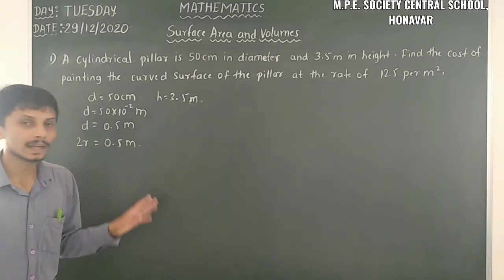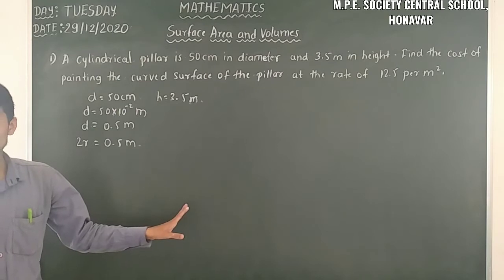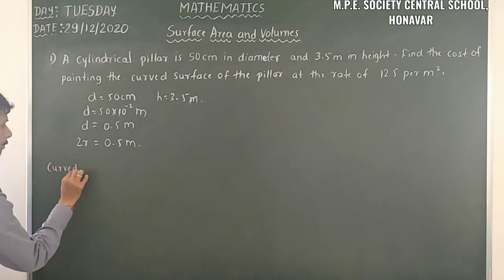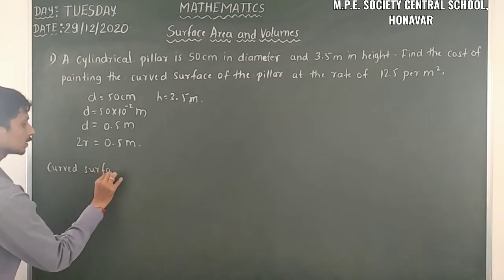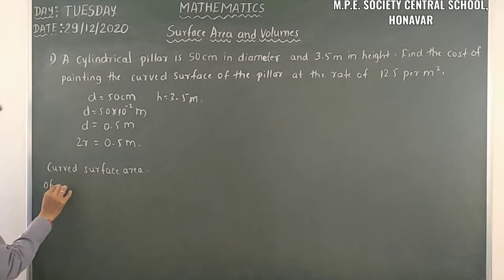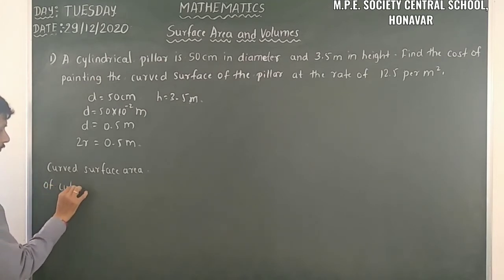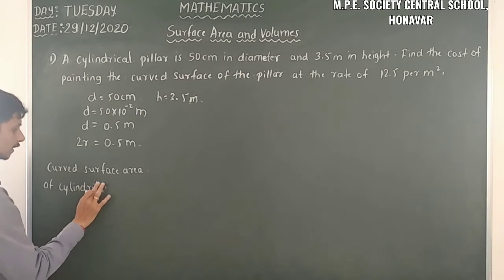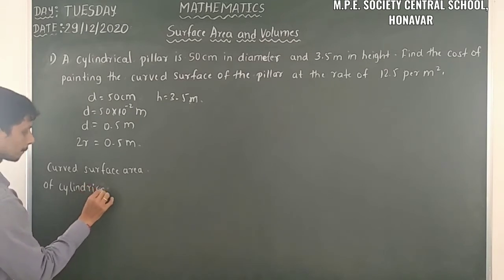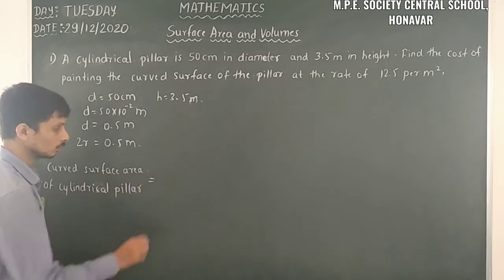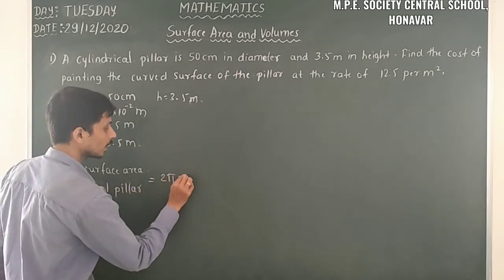So directly you can take the value of the curved surface area. The curved surface area of the cylindrical pillar is equal to 2 pi r h.